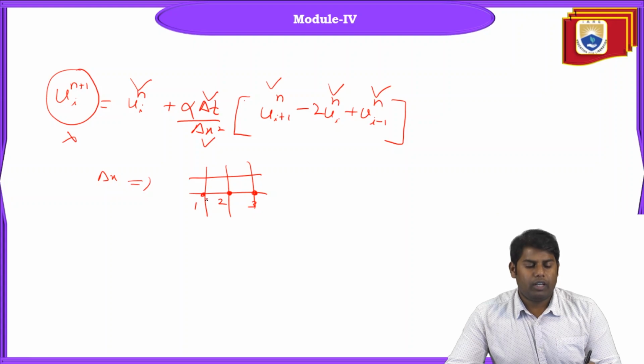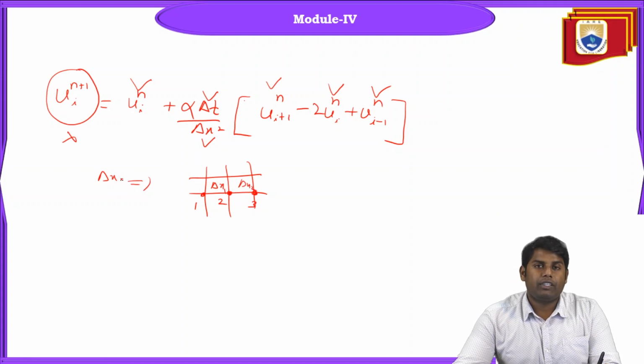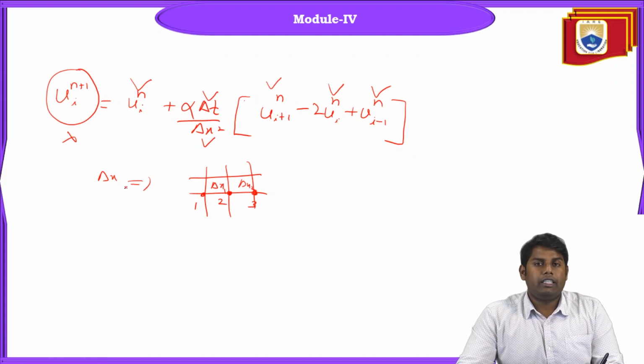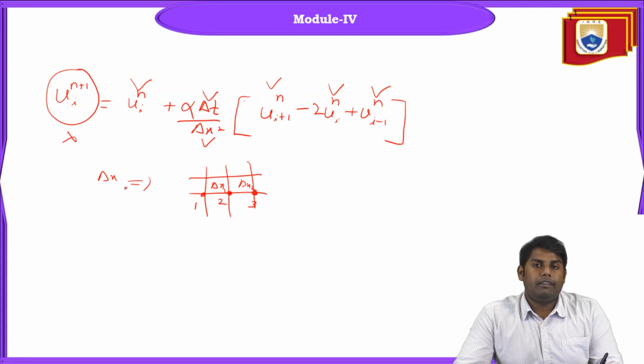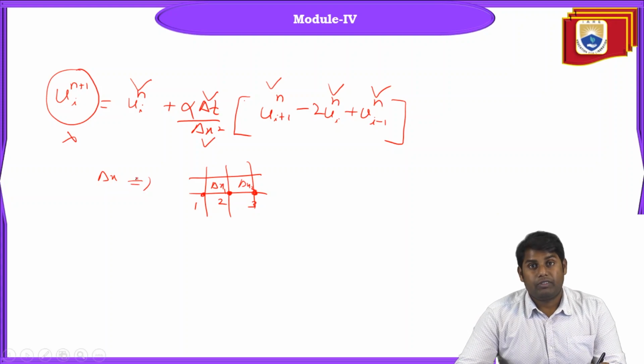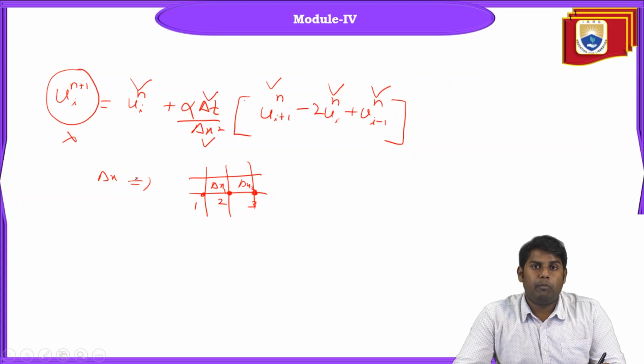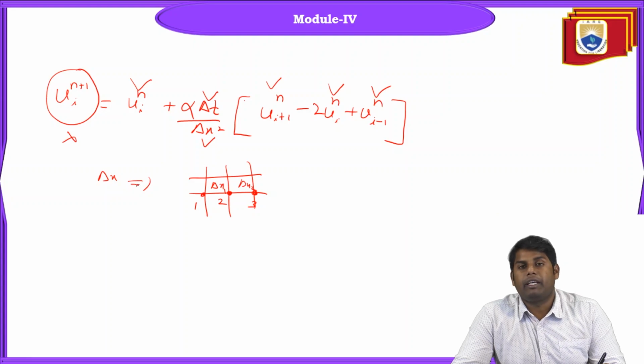Between grid points 1 and 2 it is delta x1, and between 2 and 3 it is delta x2. If delta x1 and delta x2 are equal, we call it a uniform mesh. The meaning of uniform mesh is that the spacing between grid points, along the x direction and along the y direction, will be the same.